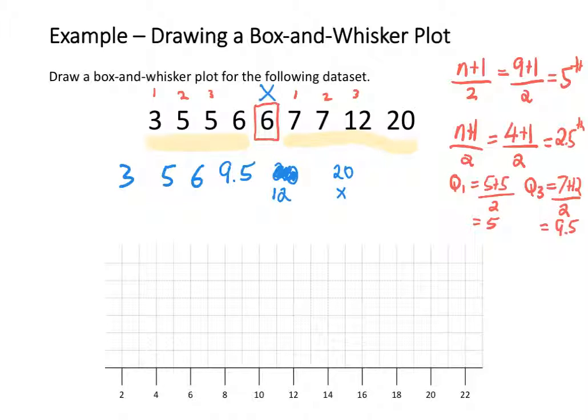Now to draw my box and whisker plot, I'll find my lower number, which is 3 on this scale, and put a dot. Then I find my upper extreme, which in this case is going to be 12 because I'm not including my outlier, find 12 on the scale and put a dot.